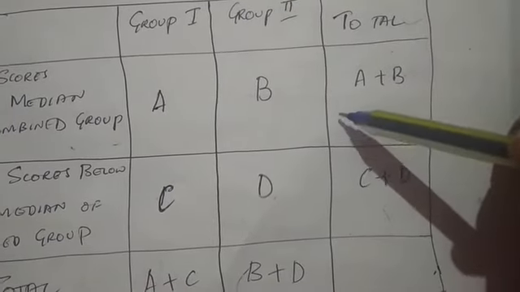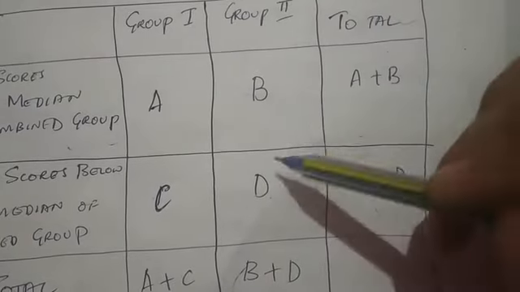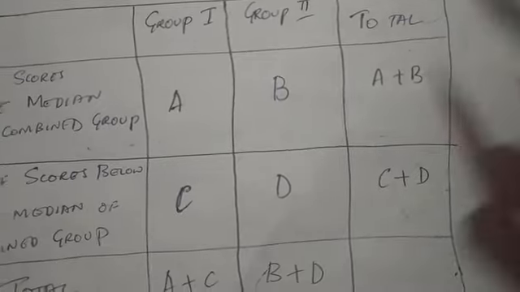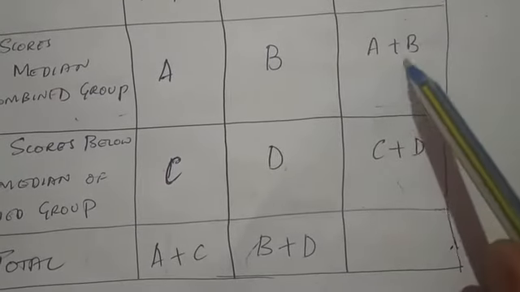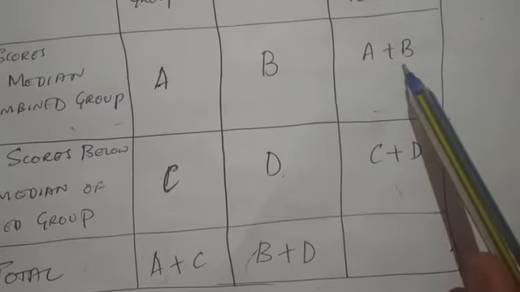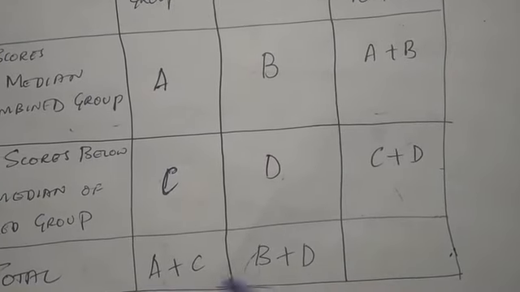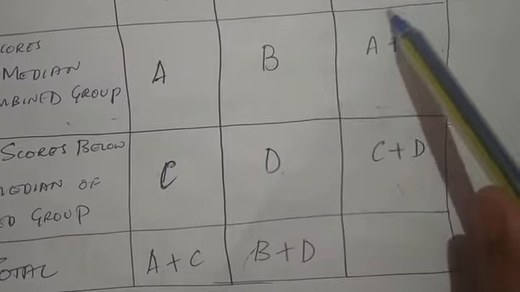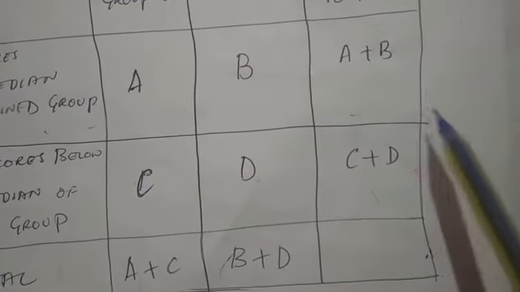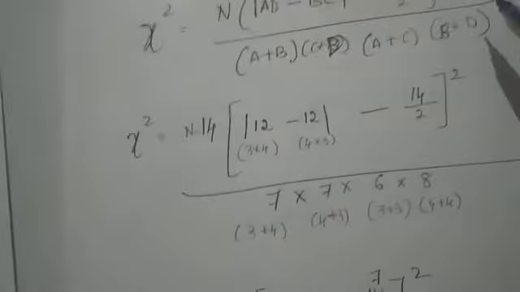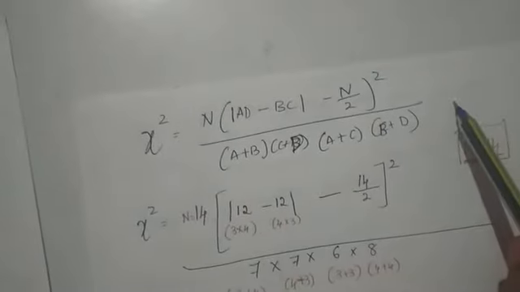This sum minus n by 2, that is the number of scores divided by 2, and whole square. And in the denominator we have A plus B into C plus D into B plus D into A plus C, or you can write A plus B into C plus D into A plus C into B plus D. So we have that as our formula.